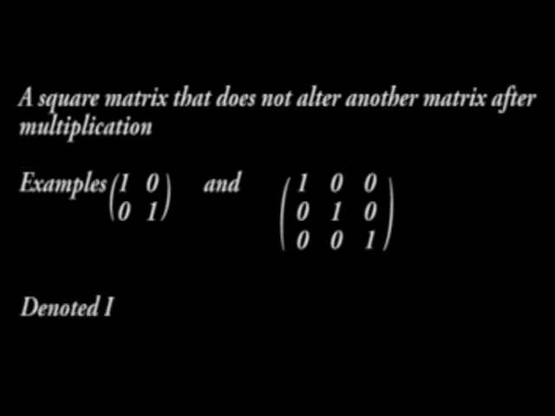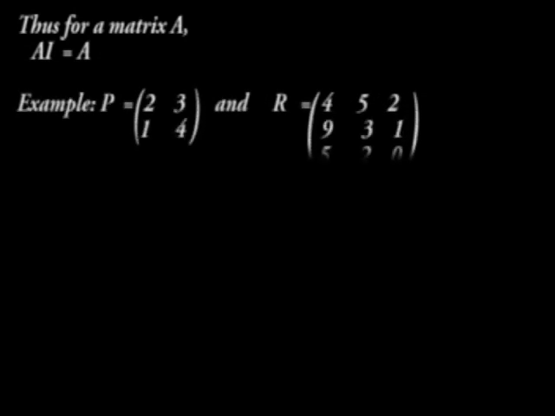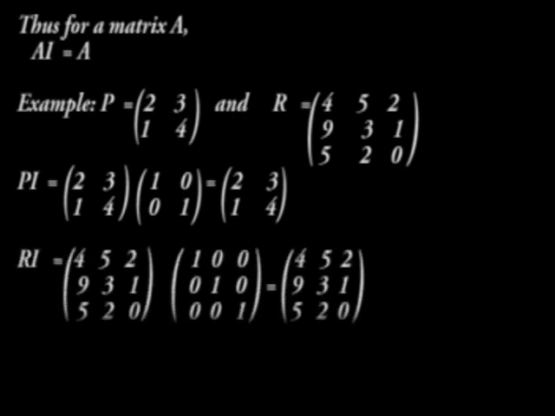It is denoted by capital I. Thus, for a matrix A, A times I is A. For example, P equal to 2 3 1 4 and R equal to that, PI is given by P times I, which remains P, that is 2 3 1 4, and RI, R multiplied by the identity, remains R.